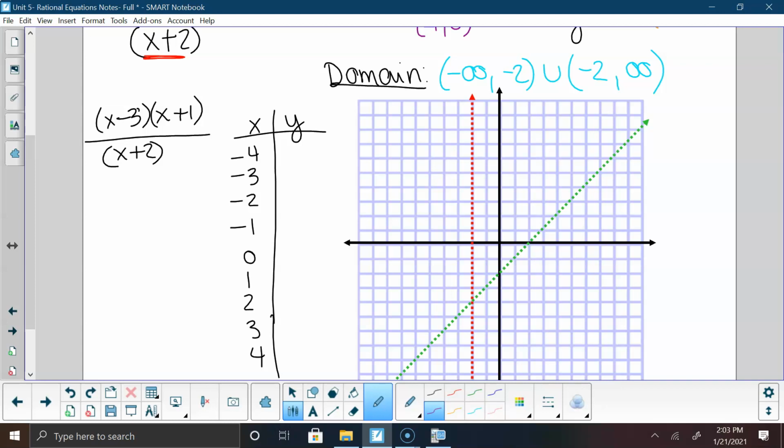Where do I have an asymptote? At -2. I don't have any holes to worry about. Do I have zeros? Like, where are those bad boys? X-intercept. And then y-intercept we said was that. So I've actually only got 5 numbers.